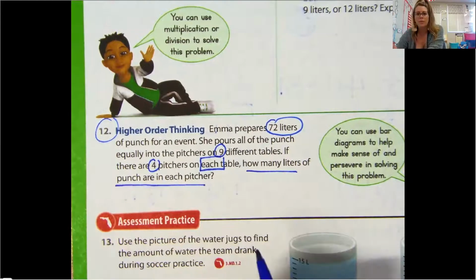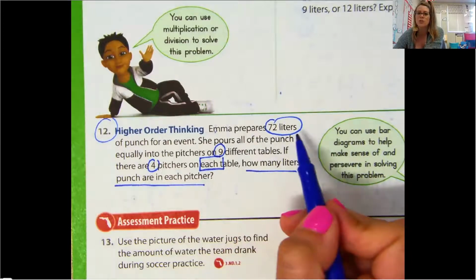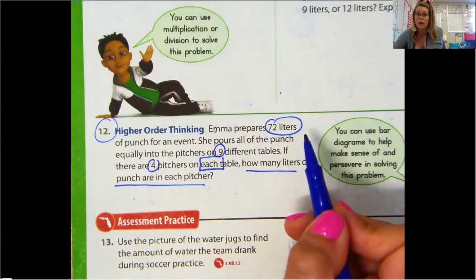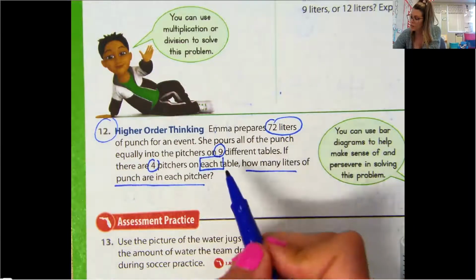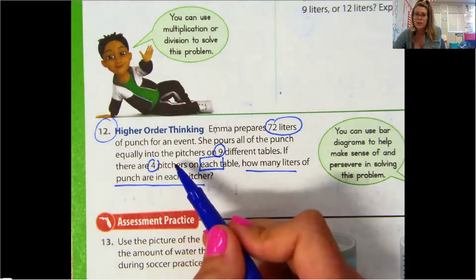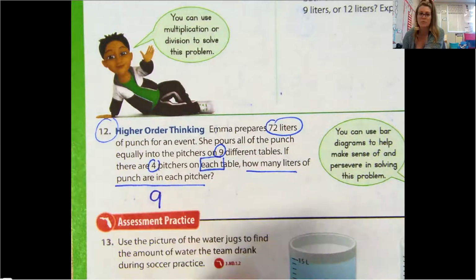All right, well, let's kind of think about this. We know that she made 72 liters of punch. So that's going to be like our total amount, okay? She poured the punch equally into the pitchers on 9 tables. So she had 9 tables.